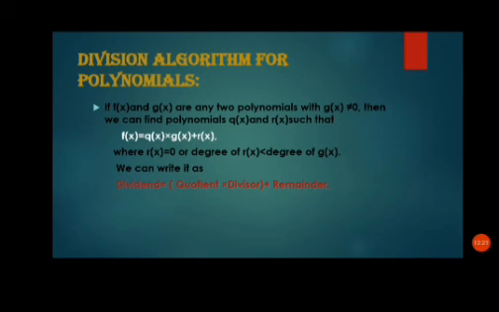Moving forward, division algorithm for polynomials. If f(x) and g(x) are any two polynomials with g(x) not equal to 0, then we can find polynomials q(x) and r(x) such that f(x) equals q(x) into g(x) plus r(x), where r(x) equals 0 or the degree of r(x) is less than the degree of g(x).